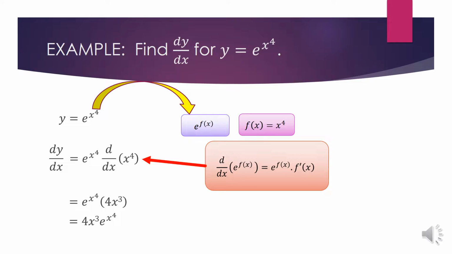Here f(x) is x to the power of 4 and f prime x is equal to 4x cubed. Thus, dy/dx is e to the power of x^4 multiplied by 4x^3, or we write it as 4x^3 multiplied by e to the power of x^4.